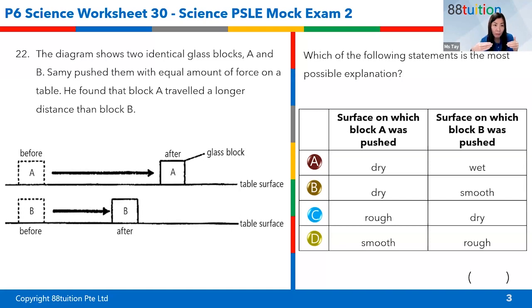They say it's identical. That means the mass is the same, surface is the same, size is the same, area of contact is the same, right? So it has got to do only with the table surface that is different. If A moves a longer distance, that means it's very smooth, and then B shorter, so comparatively it is rough. All right, next question.